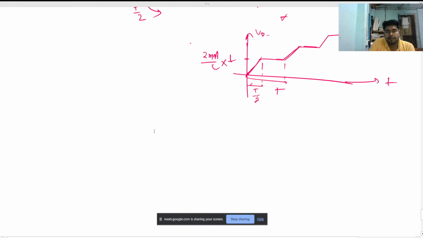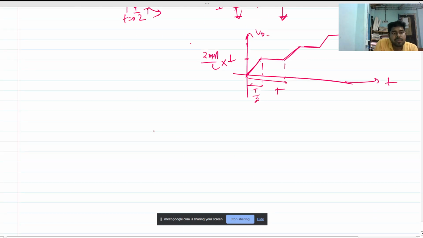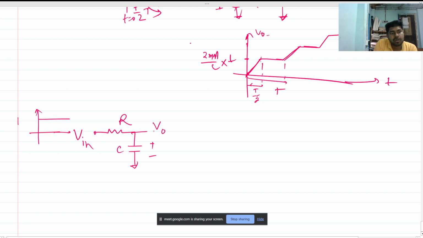Now a very basic question on the RC circuit. Here our V in is, let's say, a unit step of on volts. We have to find whether there is any infinite current.